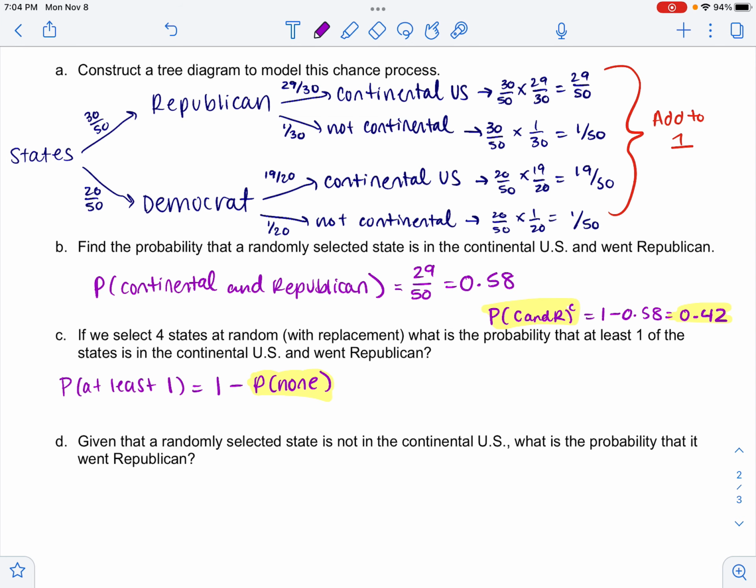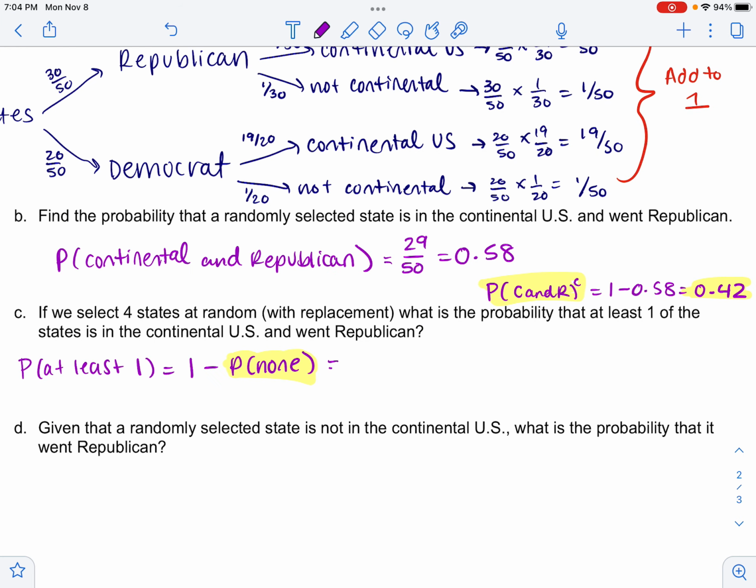So this becomes 1 minus 0.42 to the 4th, which equals 0.9689.